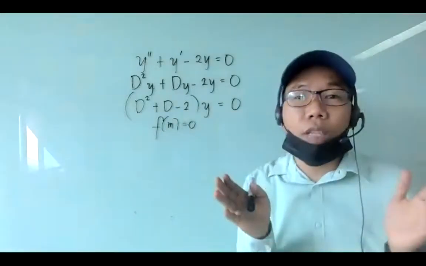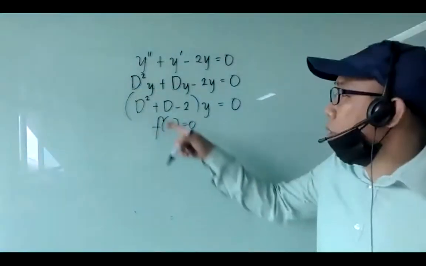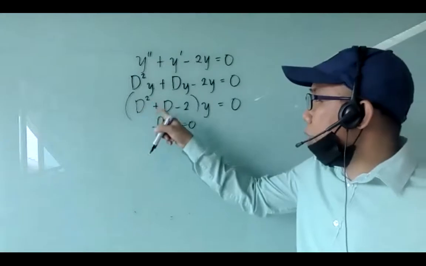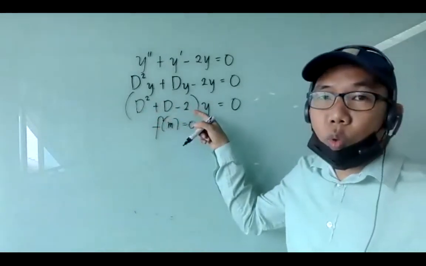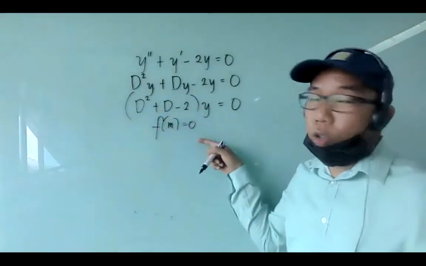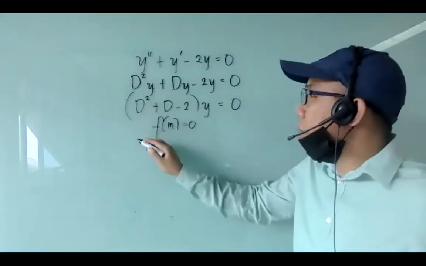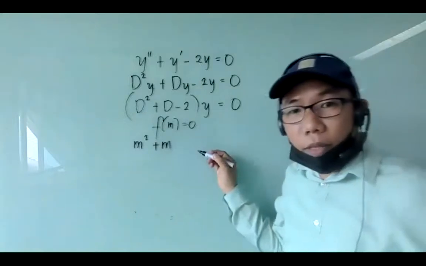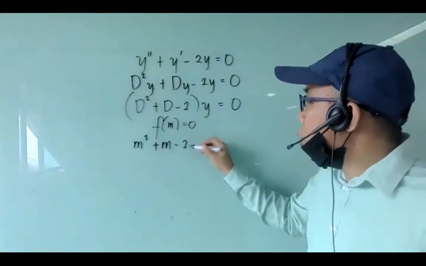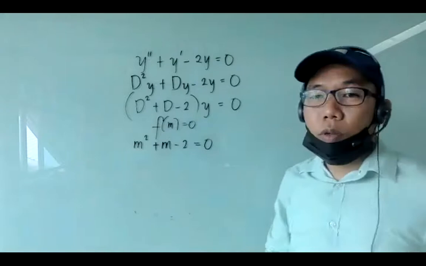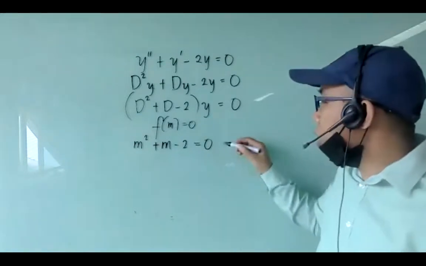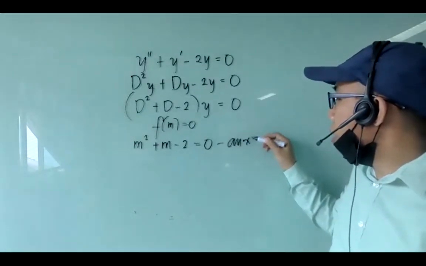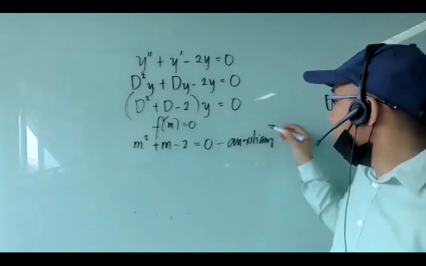Na-focus tayo dun sa f of D. So ano yung f of D natin? Itong D squared plus D minus 2. So isulat mo yung auxiliary equation. So yung D squared magiging m squared plus m, kita ba? Minus 2 equal to 0. Okay, so ito na yung auxiliary equation. We call this the auxiliary equation.